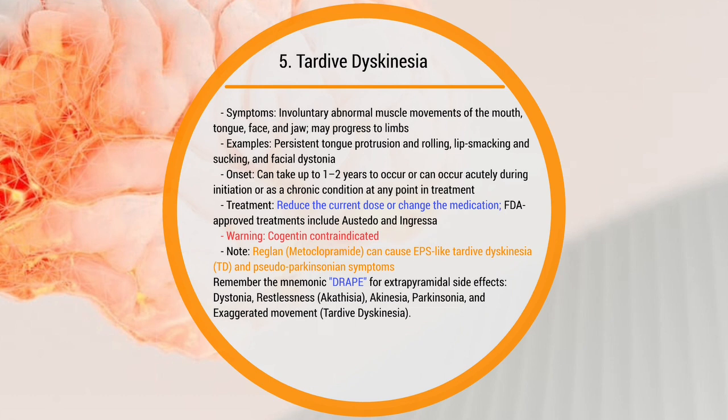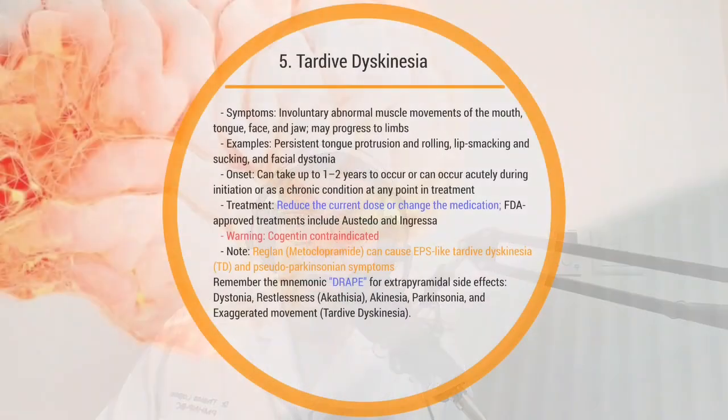So we would look for a reduction of the current dose or a change of the medication. There are two FDA approved medications that we can try, called Austedo and Ingrezza. So your action is to decrease the dose or change to another antipsychotic.